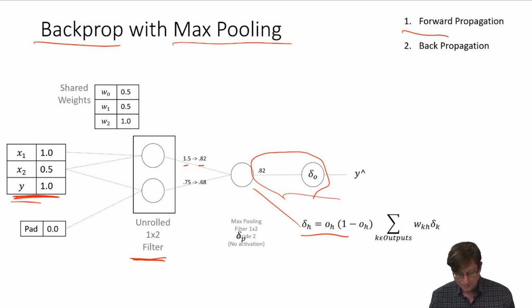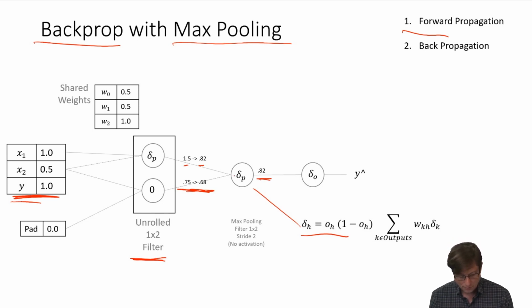So you would calculate the error at the max pooling layer, delta at pooling layer. And then you'd say, well, okay, how do we push this further back? Well, it turns out that there's zero error along this channel because this channel didn't affect the output or didn't affect anything downstream.